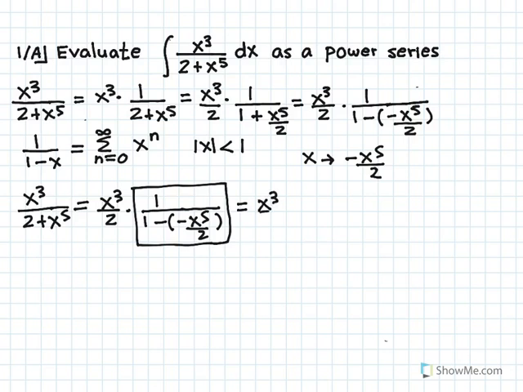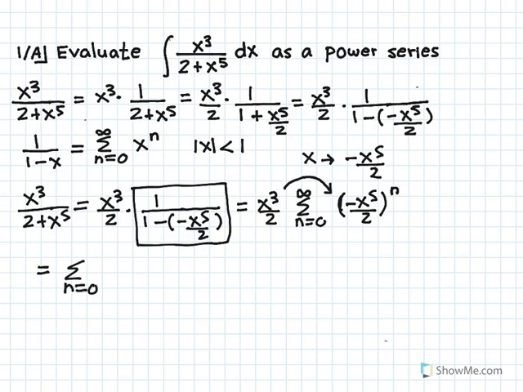So x cubed divided by 2, summation n equals 0 to infinity, minus x to the power of 5 divided by 2, to the power of n. Now let's multiply x cubed divided by 2 inside the summation, and we're going to get summation n equals 0 to infinity of x cubed divided by 2 times minus x to the power of 5 divided by 2 to the power of n.